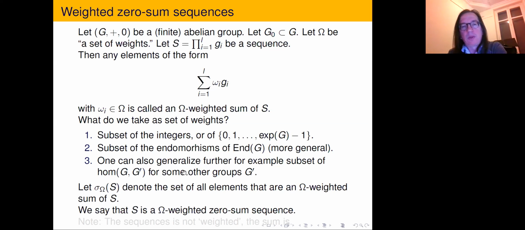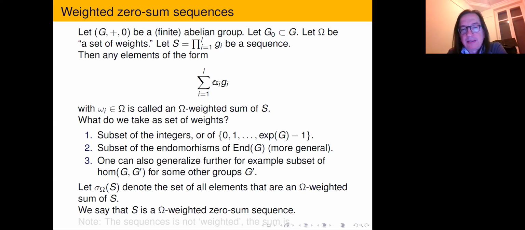And then one can define, as beforehand, one had sigma of S, the sum of all the elements of S. One can now write sigma_omega of S as the set of all the elements which can be written as such a weighted sum.